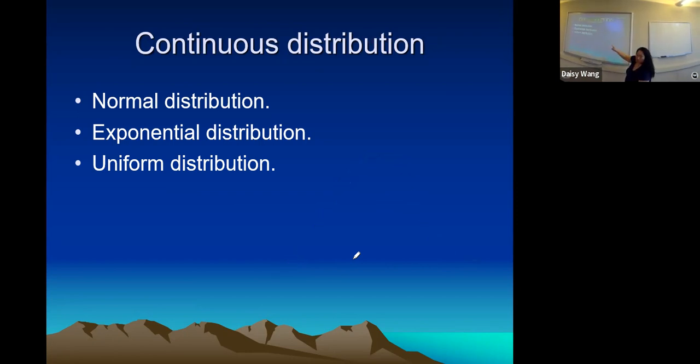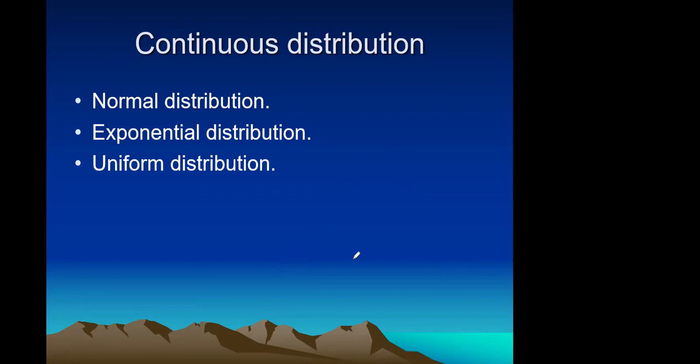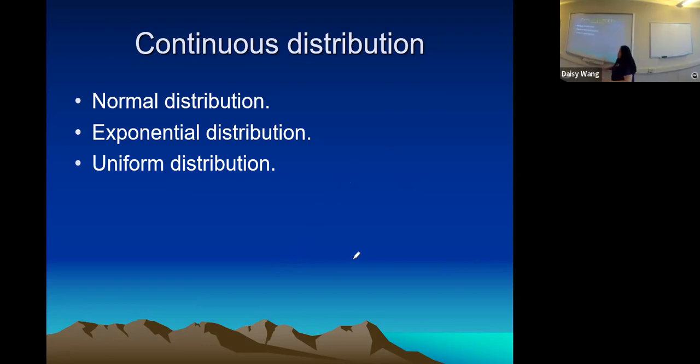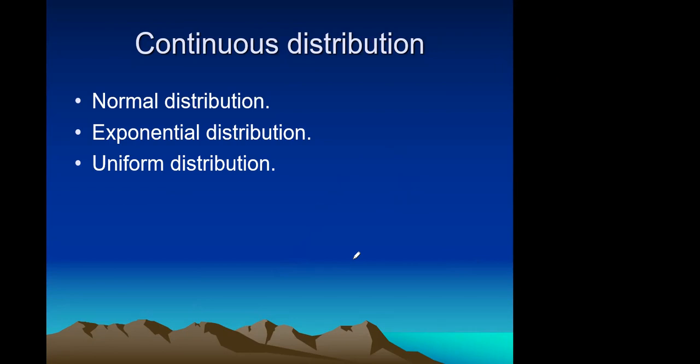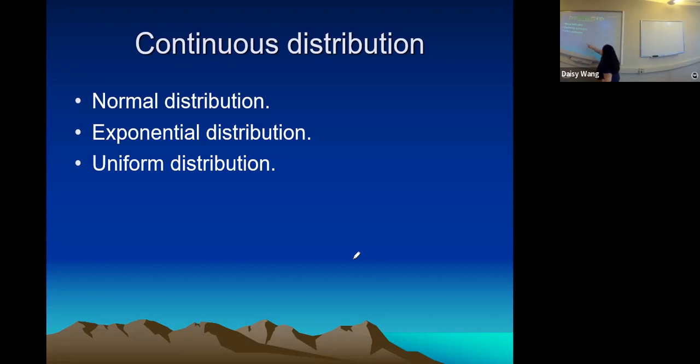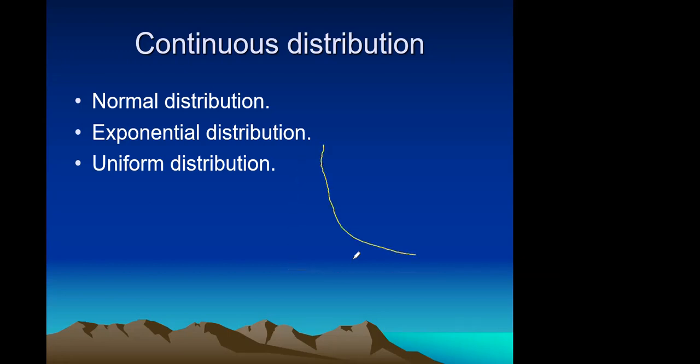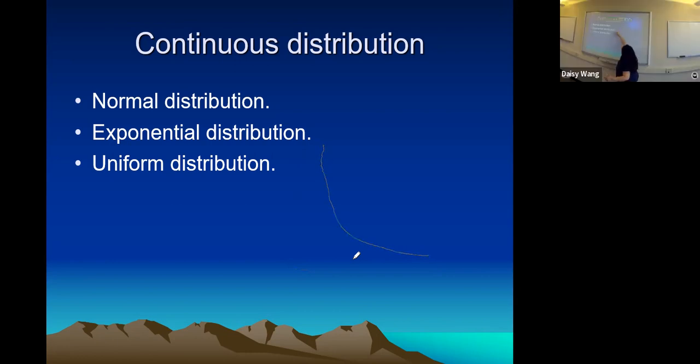And then exponential is for the example where they have a lot of possibility with smaller numbers. So when we draw it, it will look like a lot of frequency in a smaller number.